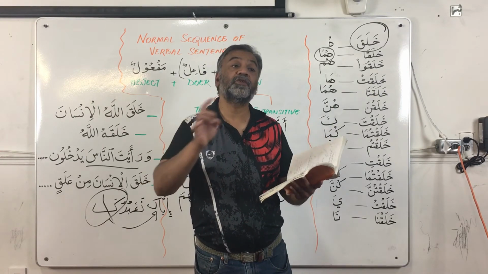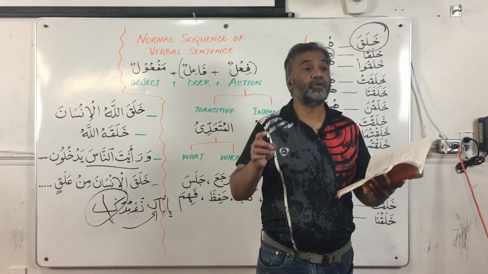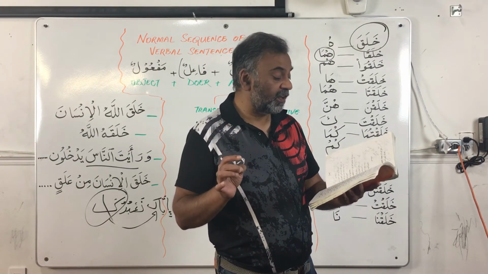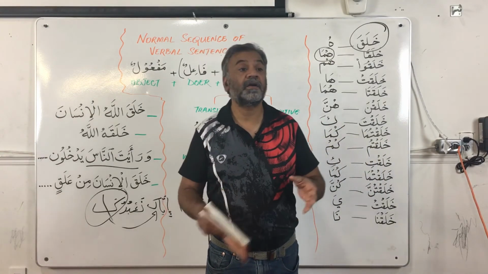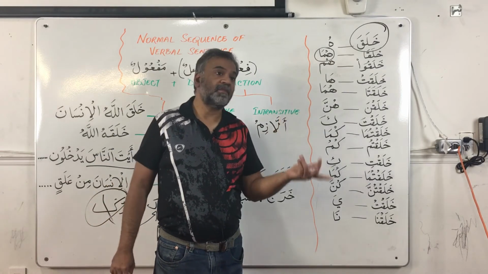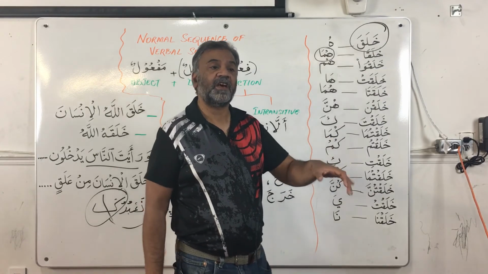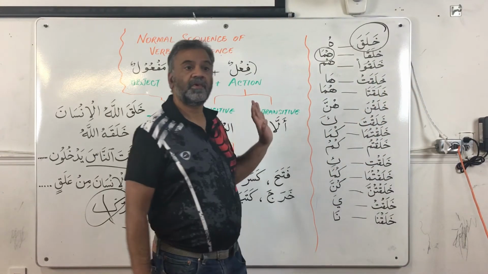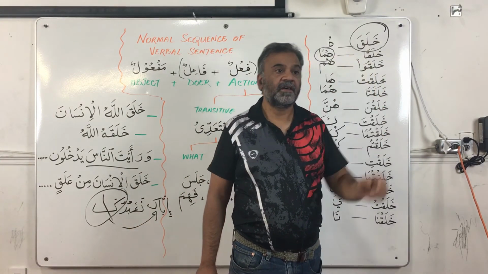Wa zahabu ilal mudiri, and they went to the principal or headmaster. Okay, where is the fail in zahabu? What is zahaba? He went. Intransitive. The action is complete. Jalasa, he sat. Action is complete. That's it. Al-lazim, complete verb. Zahaba, he went.